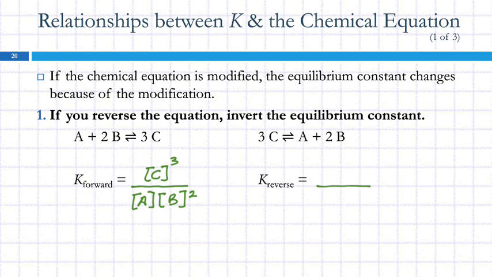For this other one, we've got A times B squared divided by C cubed. The reverse reaction is the inverse of the forward reaction. Any questions? It's just upside down.